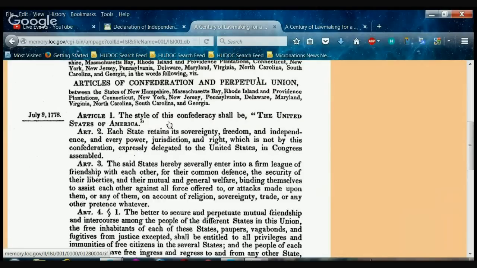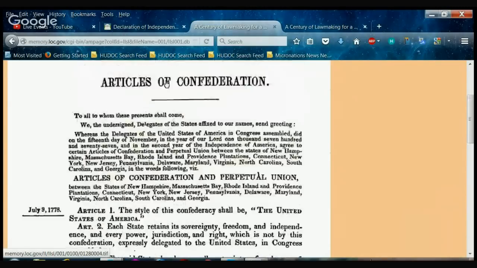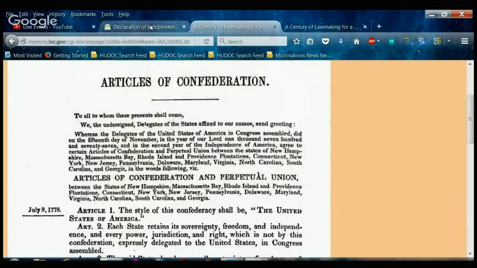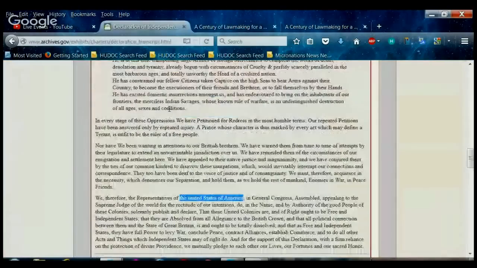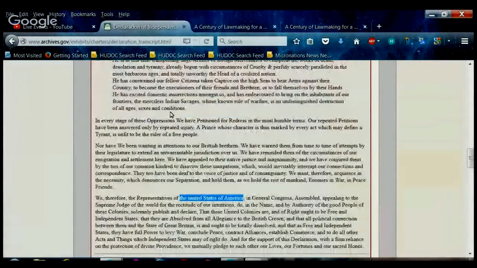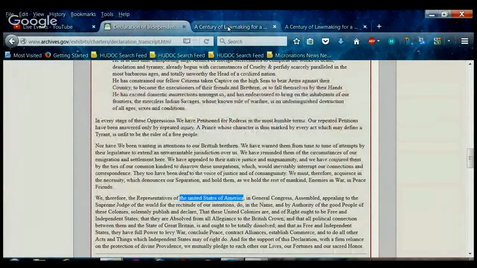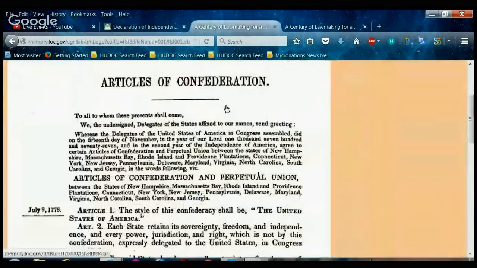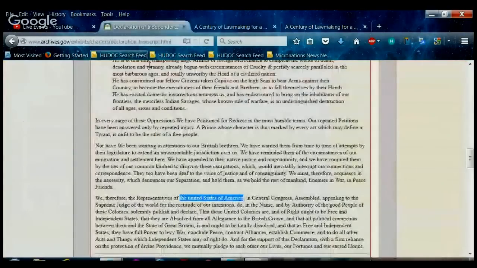The problem is this particular document, which was the Articles of Confederation, did not have a Declaration of Independence. And this Declaration of Independence did not have an Articles of Confederation, because these two documents were two completely different documents.